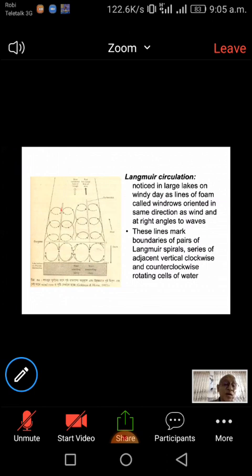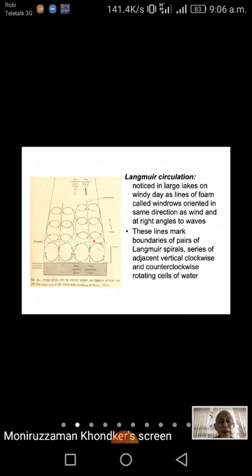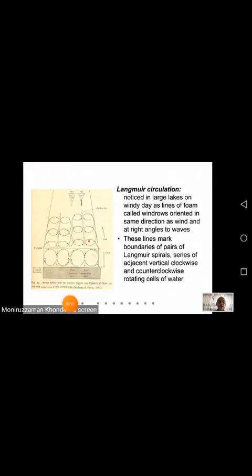Actually, those are due to Langmuir circulation, and Langmuir spirals are created because of the wind direction. You see that one spiral is clockwise and another one is counterclockwise. If two cylinders move, one anticlockwise and another clockwise, then a lot of mixing will occur. This kind of movement is called Langmuir circulation.